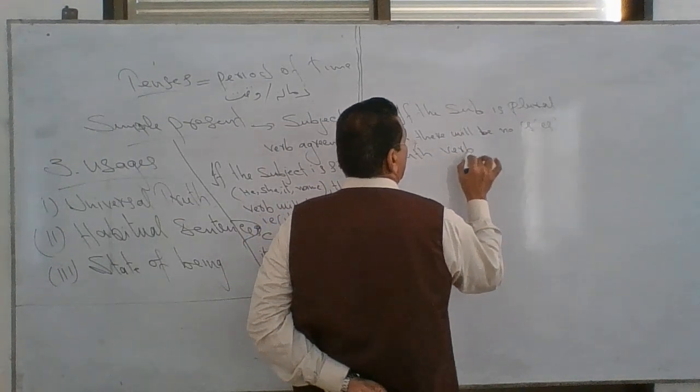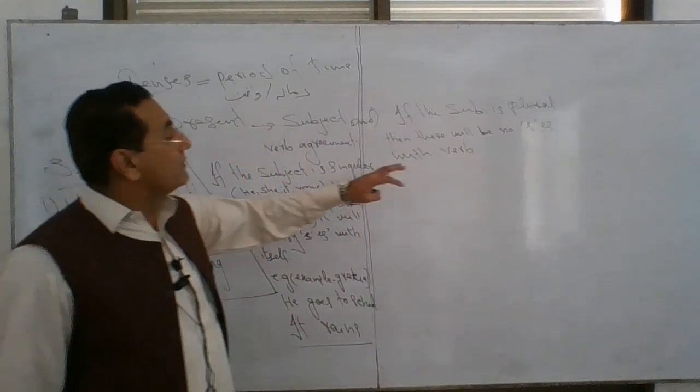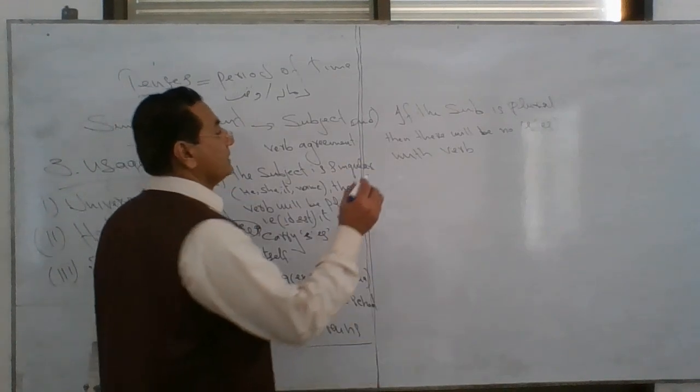Any verb will be singular, simple as that. As I told you, verbs do not have singularity, so there will be no S or ES with the verb.